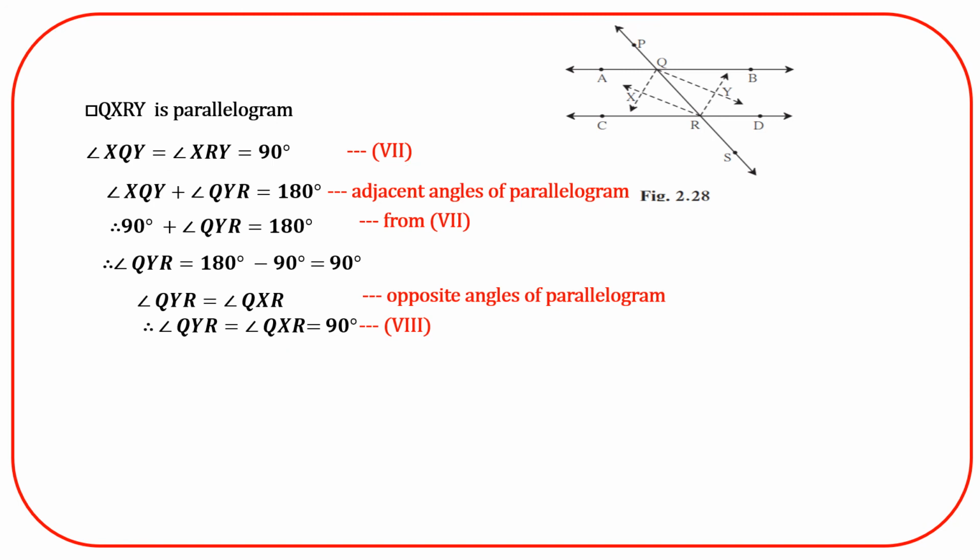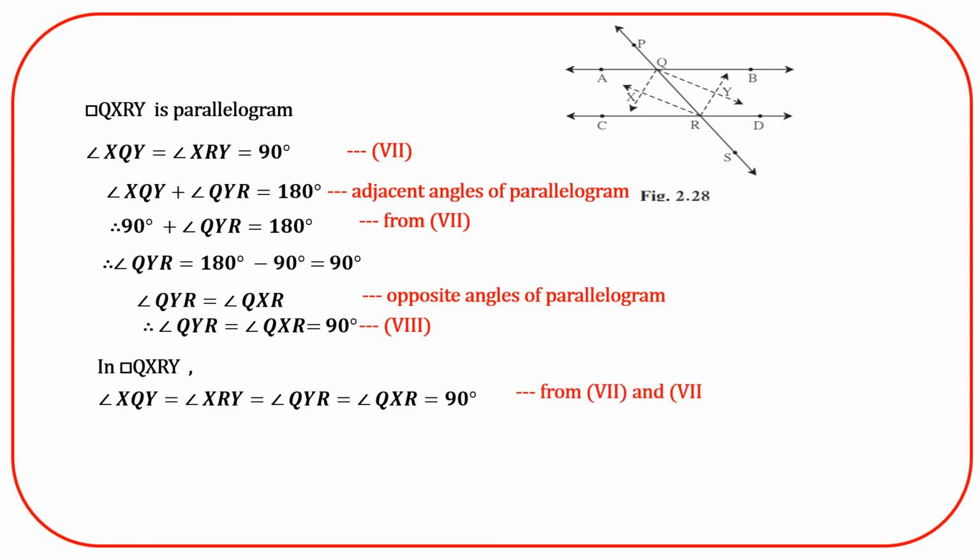Write down: in quadrilateral QXRY, angle XQY is equal to angle XRY is equal to angle QYR is equal to angle QXR is equal to 90 degrees from statements 7 and 8. Therefore, quadrilateral QXRY is a rectangle.